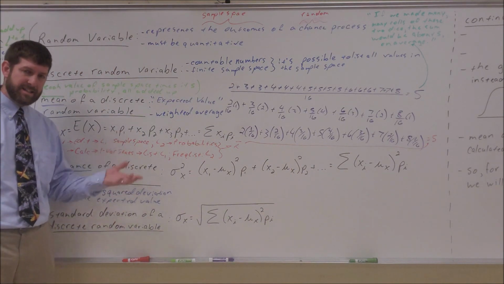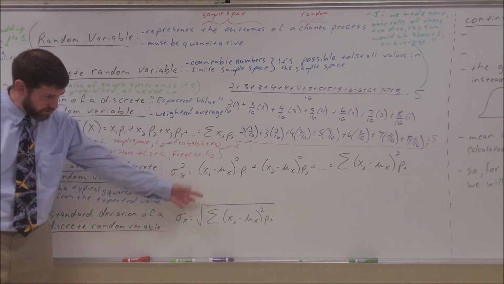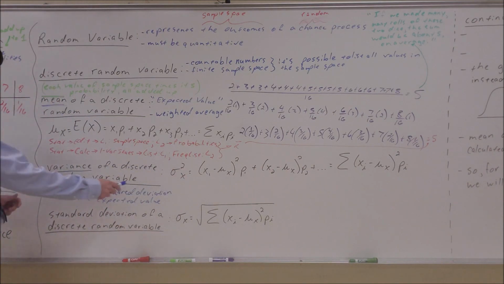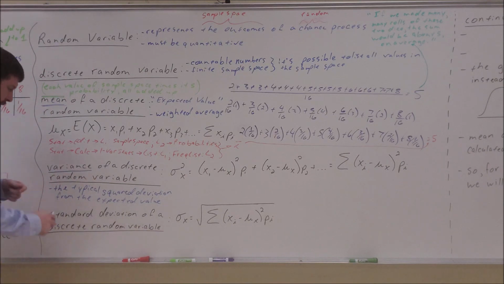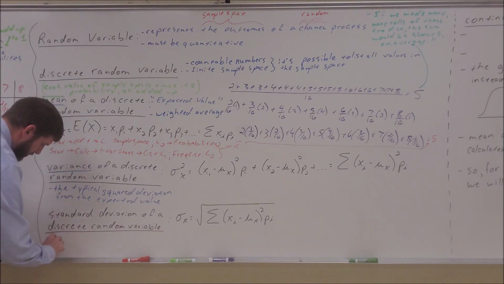Standard deviation is the same thing, except it's the square root of that sum of squared deviation. Now, we have a different definition for standard deviation. It's our typical distance from the mean.